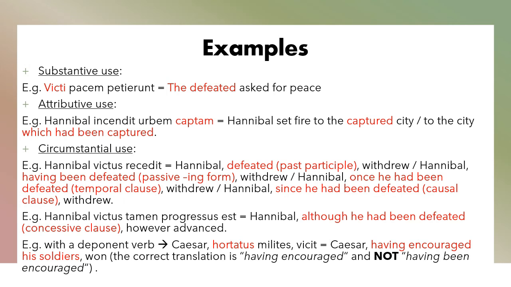If I choose to use some kind of clause, it is very subjective. In this case, for example, I can use a temporal clause. Hannibal, once he had been defeated, withdrew. But I can also use a causal clause. I think that this is suitable for this sentence. So Hannibal, since he had been defeated, withdrew.